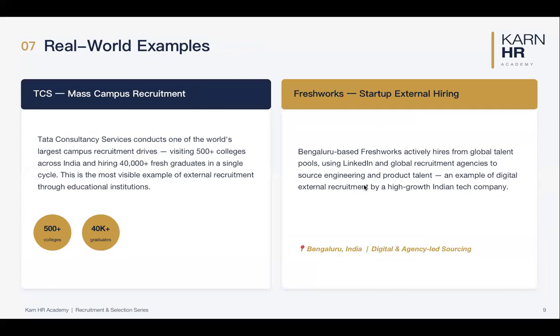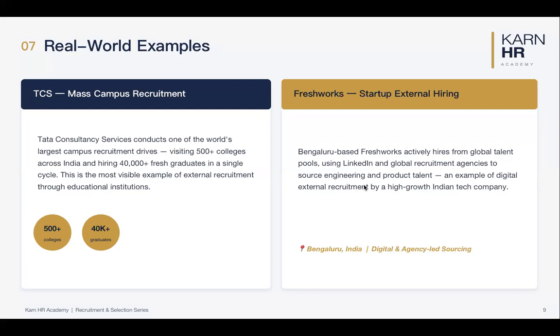Now we will take a kind of case study, a real world example where campus recruitment is done. We all know that TCS every year conducts a mass campus recruitment program where they visit around 500 colleges across India, and they hire about 40,000 fresh graduates in a single cycle.